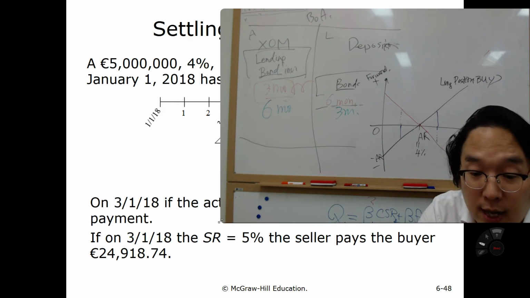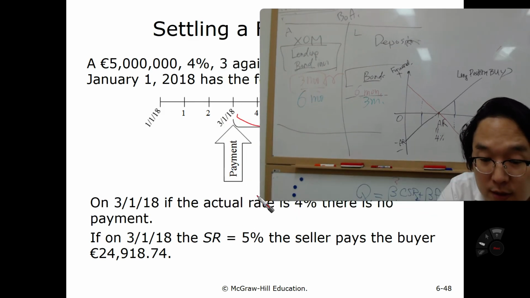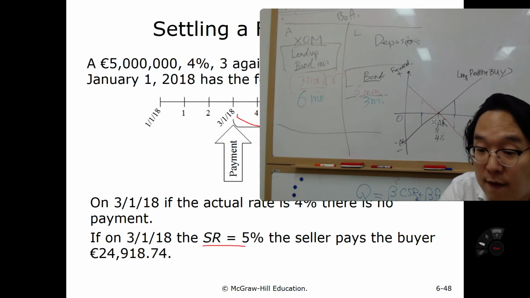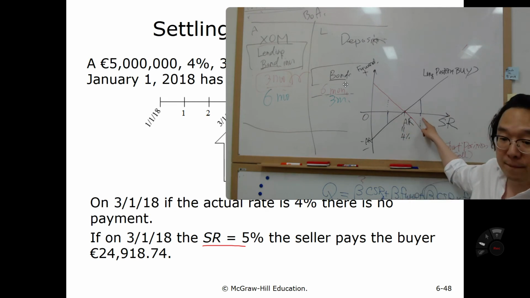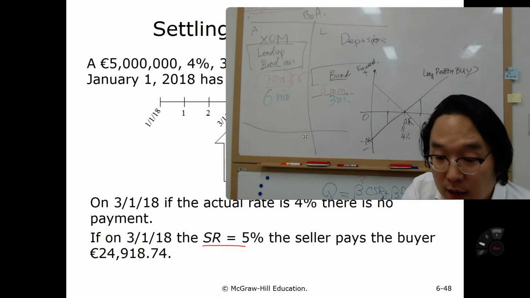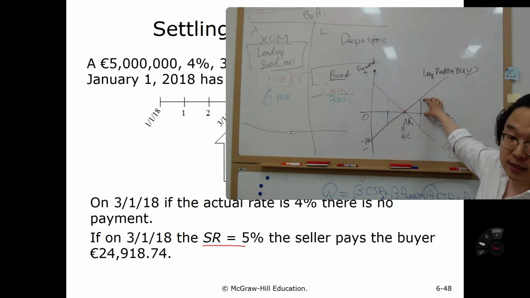On the other hand, if the SR is 5%, that's going to be over here. So the seller, the loser, pays the buyer how much? 24,918 euros to the long holders, or buyers.